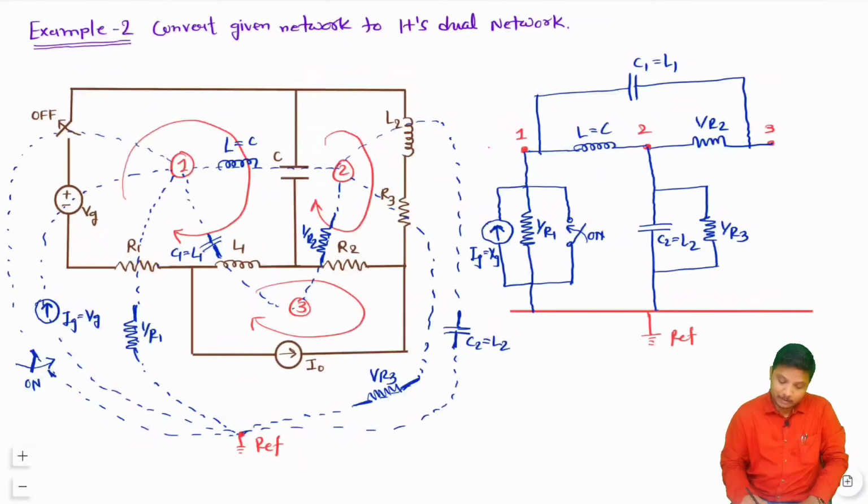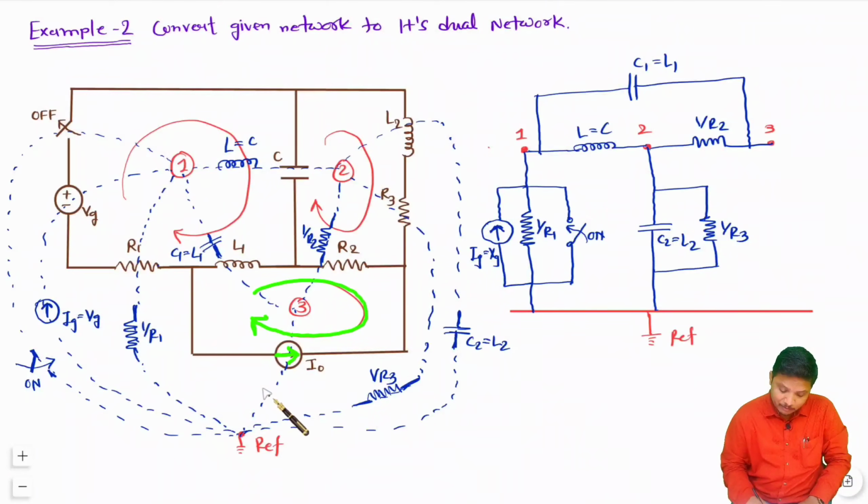Now you see we have I0, which is connected between node 3 and reference, and the direction of I0 is opposite to the direction of the loop, right? The loop is in this direction and I0 is in this direction, so both are in opposite directions.